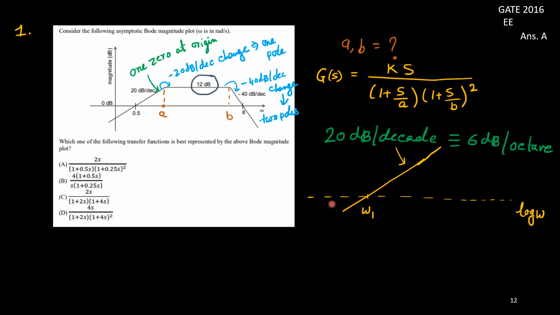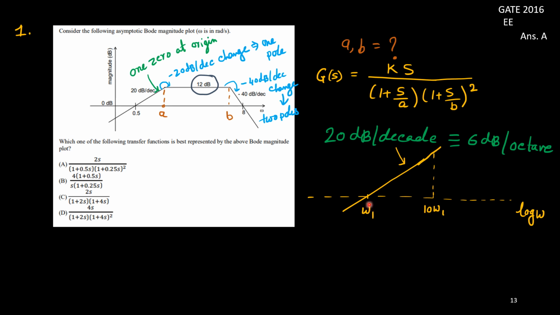Now, if I consider 10 times of omega 1, from here to here, 10 times increment, then the change in Y level should be 20 dB. So from here to here, it is 20 dB gap. So if initially it is 5 dB, then it should be 25 dB. If initially it is 40 dB, then it should be 60 dB, like that.